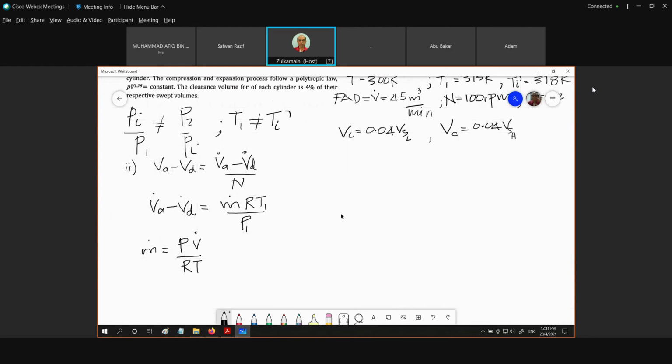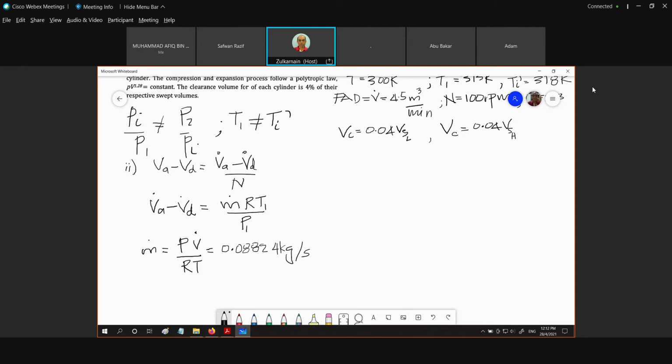So in this case, we could solve for m dot, and we are going to have the m dot in terms of kilogram per second. So we are going to have 0.08824 kilogram per second.